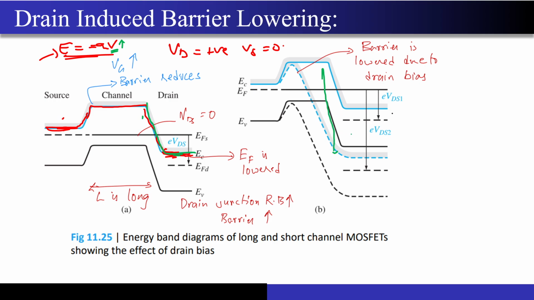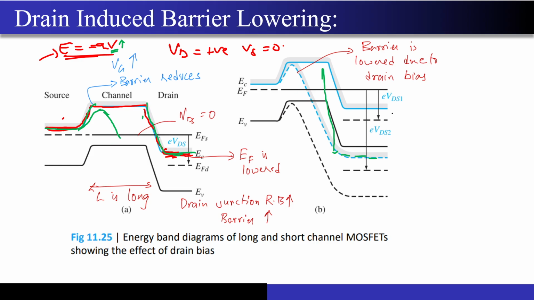And when they move very close to each other, since this drain will start to have some consequences on the energy band diagram near the source side as well, I expect that this barrier that you are seeing over here, source to channel, will actually get narrower. Why narrower? Because a region in the energy band diagram which has a lower energy than the source is coming very, very close to the source now, correct?